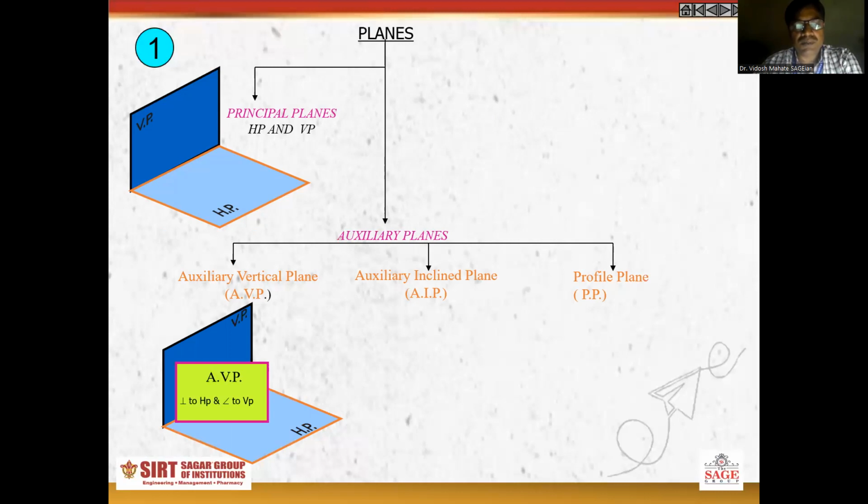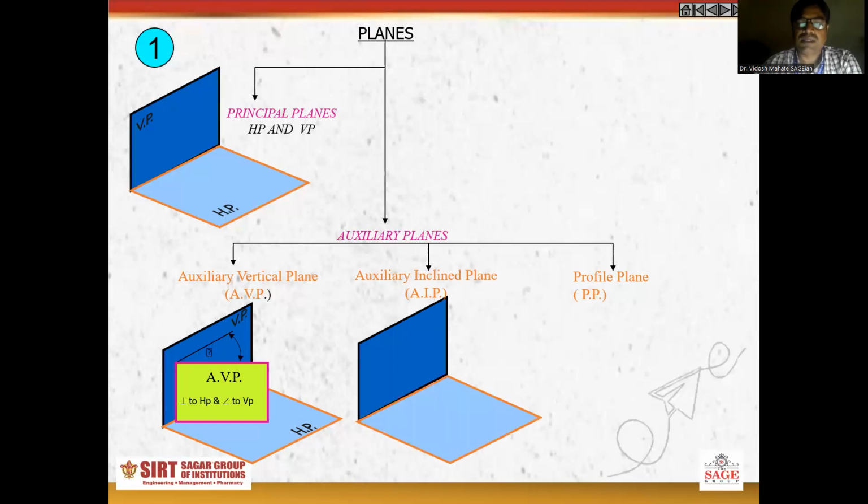The second one is the auxiliary inclined plane, well known as AIP. The auxiliary inclined plane is perpendicular to the VP and inclined to the HP.